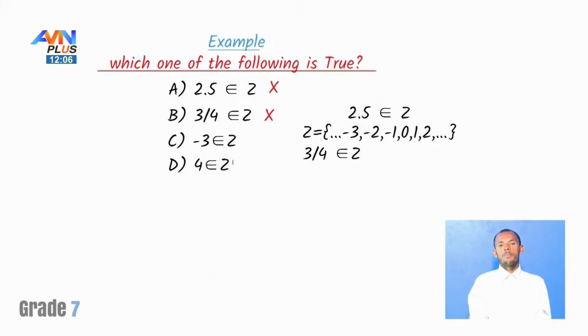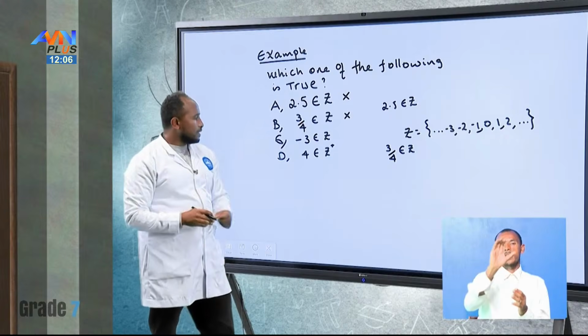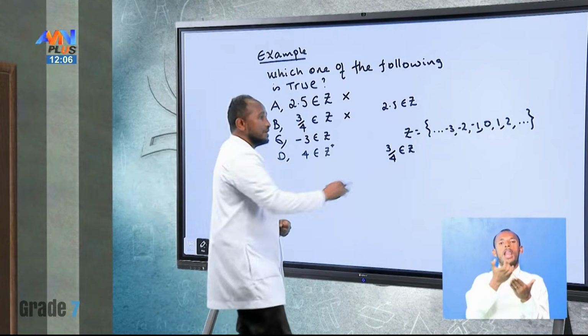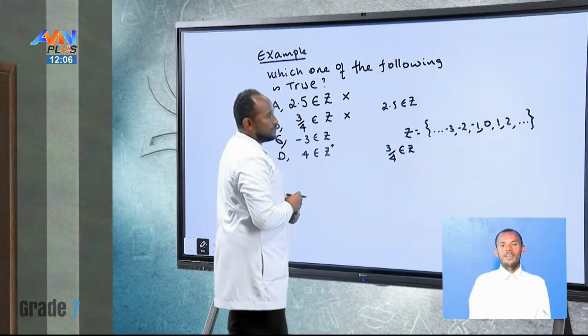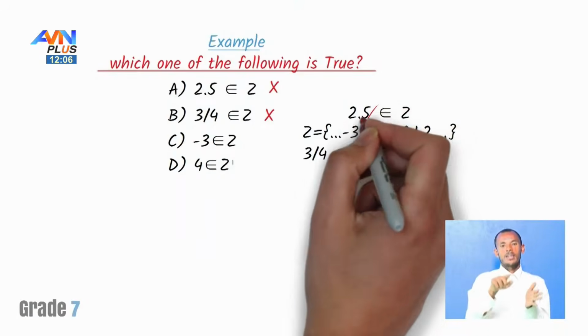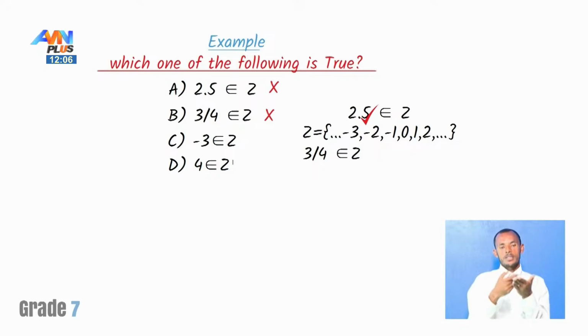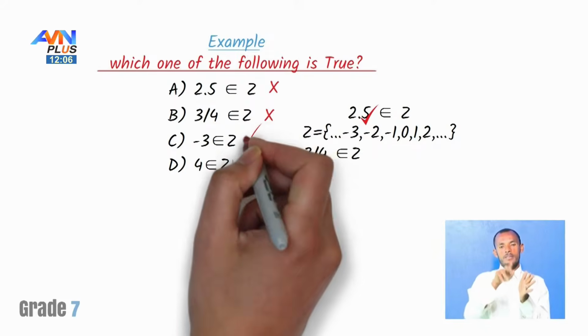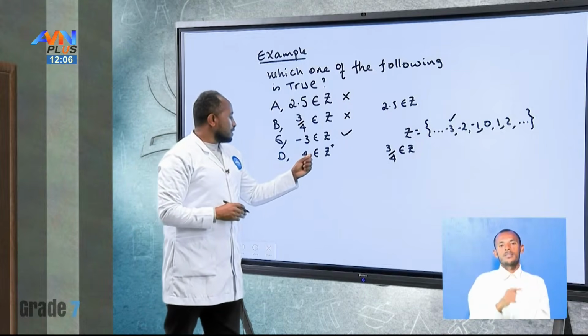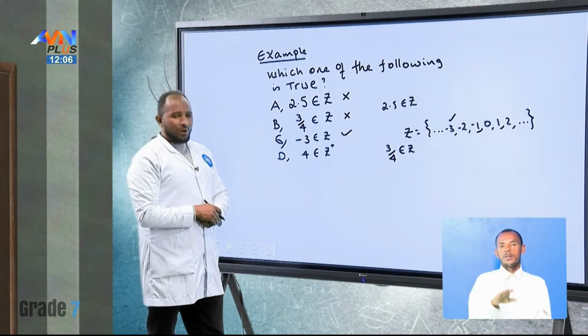Now, let's see this one. -3 is an element of Z. Is -3 found in the set of integers? Yes, it is found in the set of integers: -3, -4, and so on. Such numbers are integers. Therefore, -3 is an element of Z. This one is correct. Next, 4 is an element of Z plus.